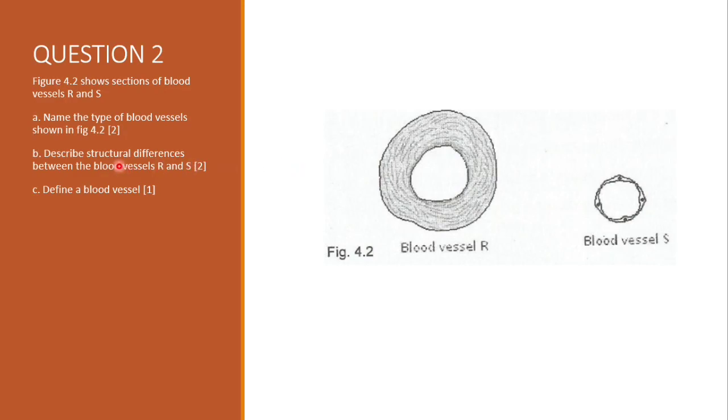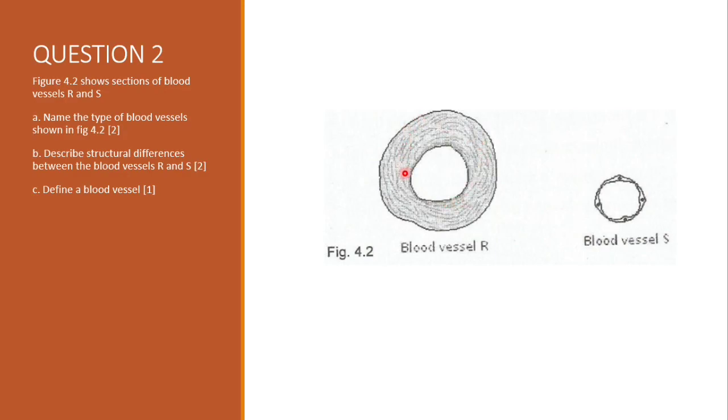Then, describe the structural differences between the blood vessels R and S. I think I've already mentioned it. This one has got thick walls, and this one has got thin walls.